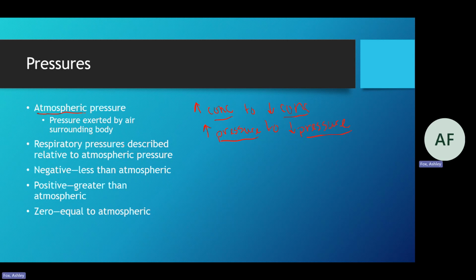When we talk about respiratory pressure, we're describing it in relation to atmospheric pressure. So, if we say respiratory pressure is negative, that means it's lower than atmospheric. I should say lower than atmospheric.